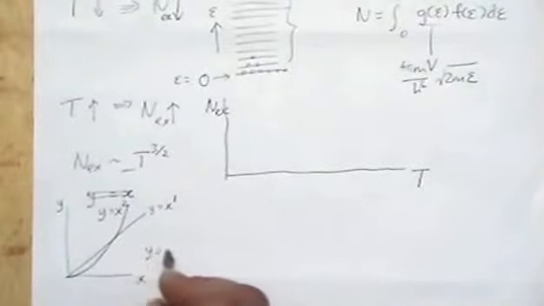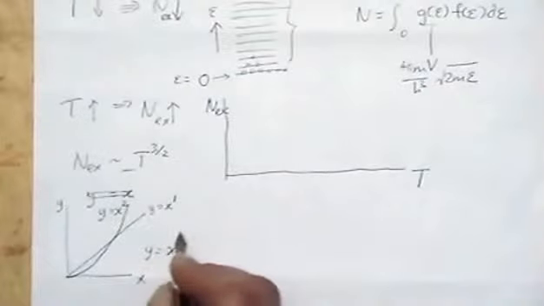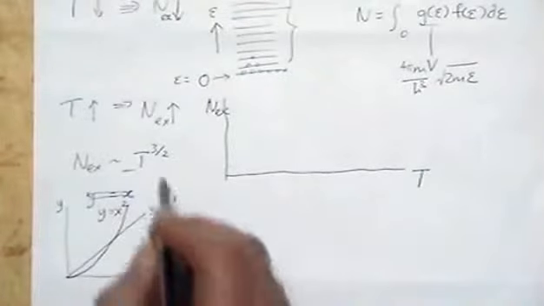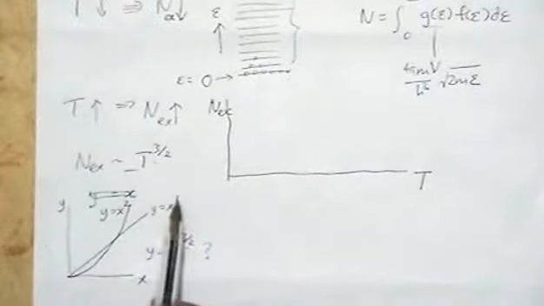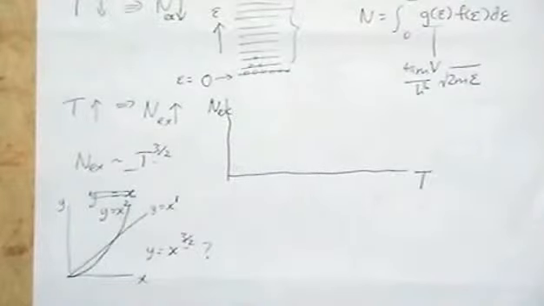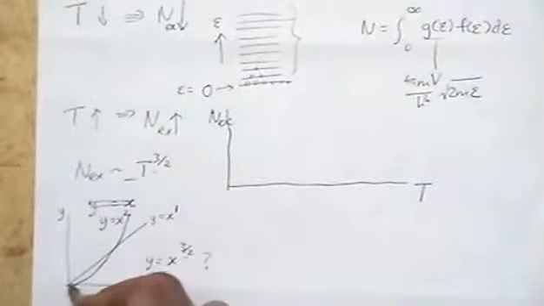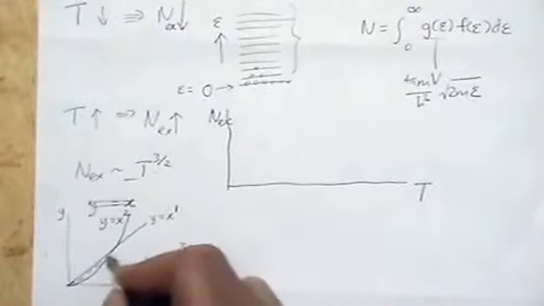So now let's talk about y equals x to the power of 3/2, the same power as that. And what would this look like? Well, since 3/2 is in between 1 and 2, the obvious thing to imagine is that this curve is in between those two. So it might look like this.